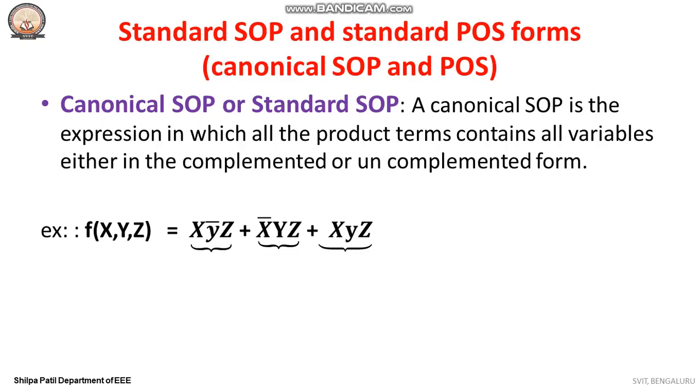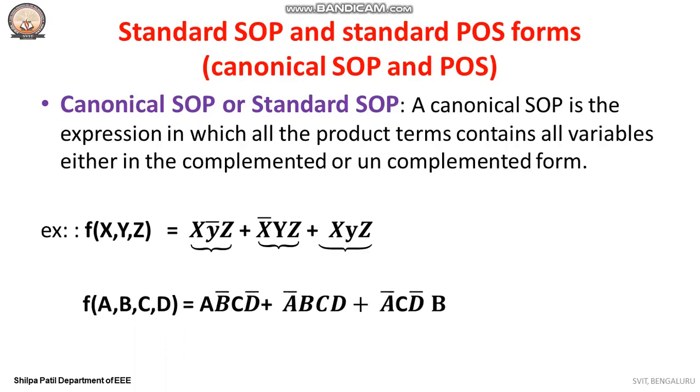Just see here, we have three product terms. All the product terms have all the variables, either in complemented or uncomplemented form. So we call this expression a standard SOP, rather than just an SOP. We'll take another example here. Again in this expression, we have three product terms, and all the product terms have all the four variables.